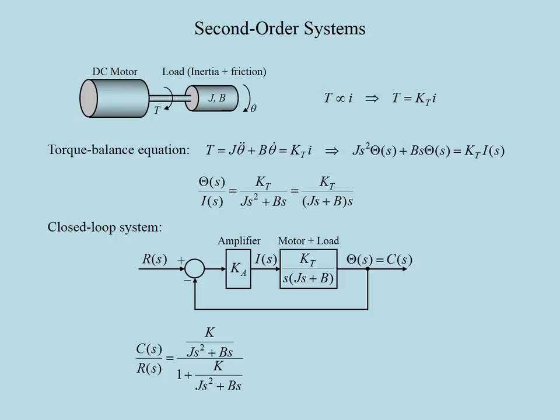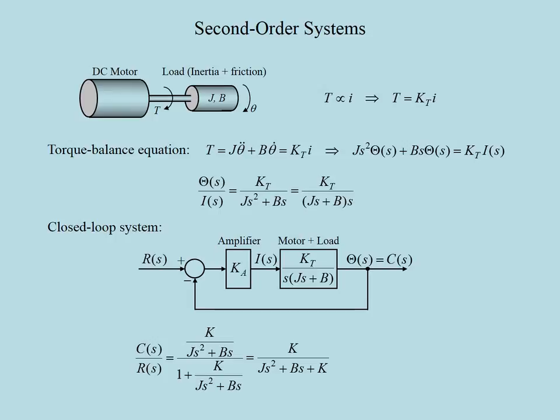We can obtain the closed-loop transfer function as the feed-forward transfer function divided by 1 plus the open-loop transfer function. And then simplifying it, we obtain k over J s squared plus b s plus k.